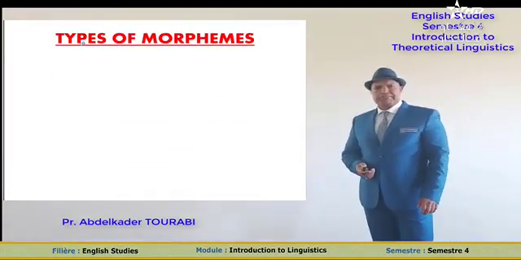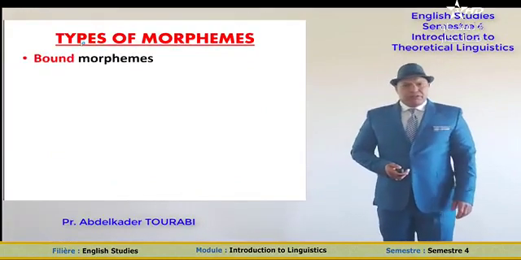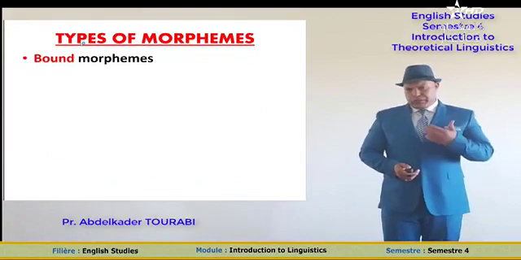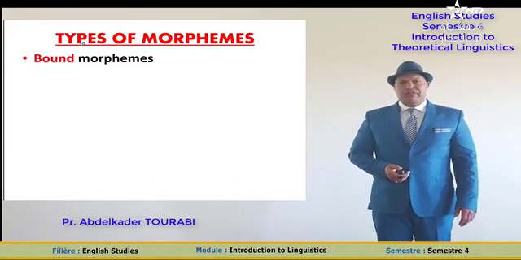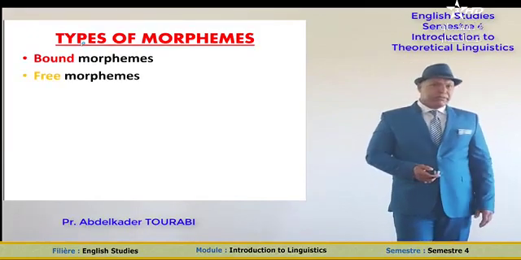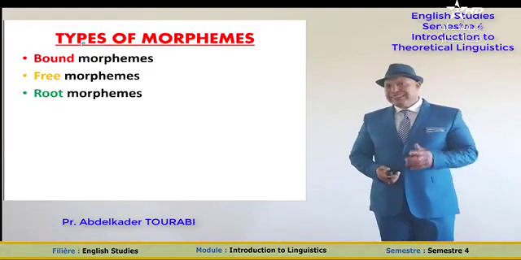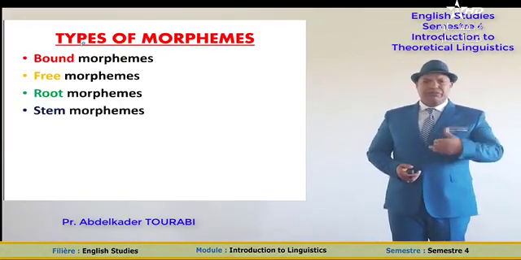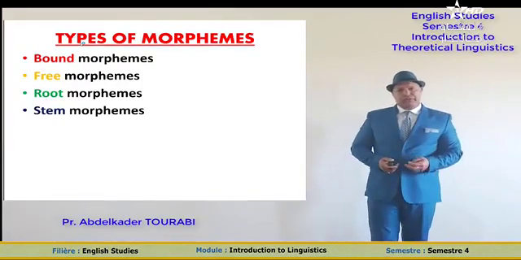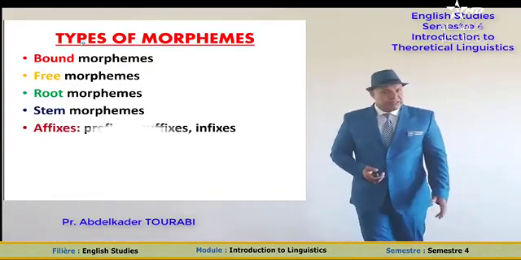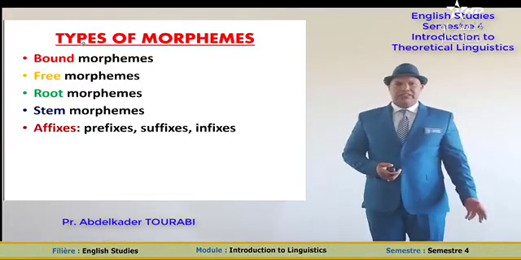Types of morphemes. Morphemes can be bound morphemes, as we are going to explain later in the course. We can have free morphemes. They can be root morphemes, stem morphemes. Sometimes we don't make a distinction between stem and root morphemes. And we have affixes, which consist of prefixes, suffixes, and infixes.